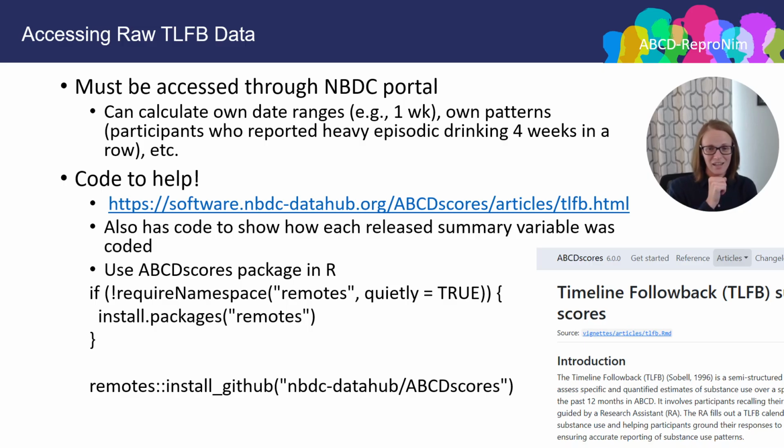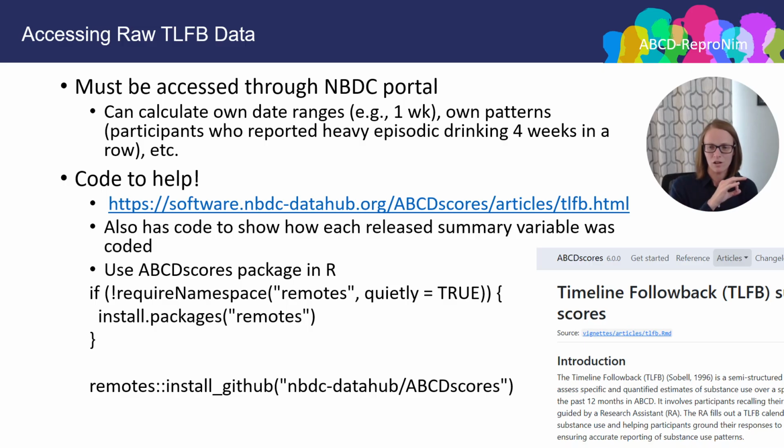The really exciting thing is, again, thanks to our wonderful DAIRC, Janosch, Olivier, and their whole team, there's code to help. This is available through GitHub. They've actually made an R package. Everything that you see on the bottom part of the screen here is available on this website. And this code here, you'll be able to copy and paste into R. I've done it myself.